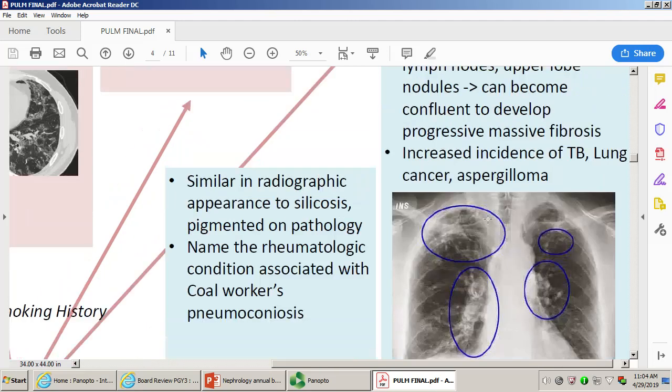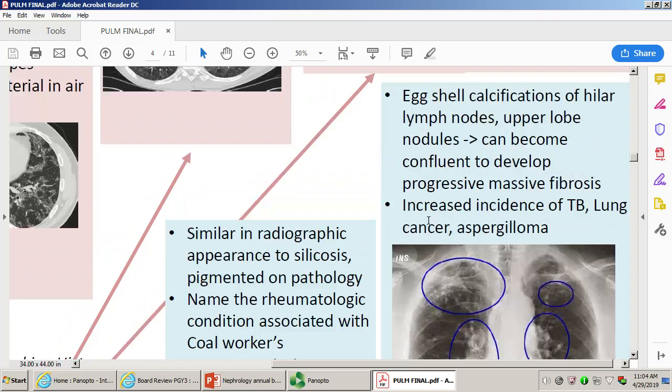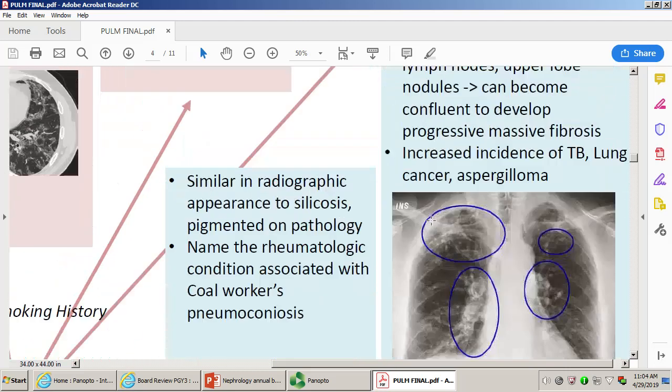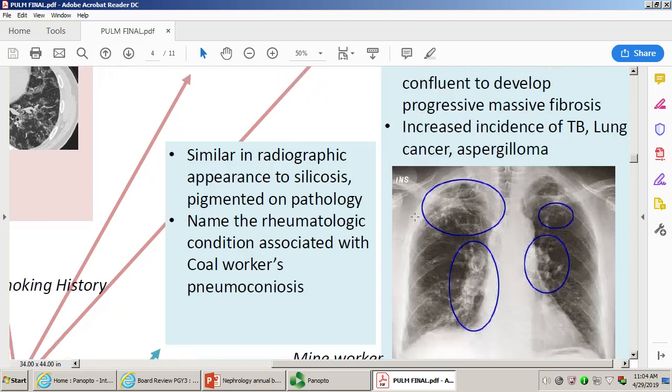You can also get progressive massive fibrosis, and you start seeing fibrotic changes in the apices. They're at increased risk of TB and lung cancer. So if one of these patients has chronic respiratory symptoms and then develops worsening respiratory symptoms, night sweats, fevers, you need to be thinking of diagnosing TB on their underlying silicosis.